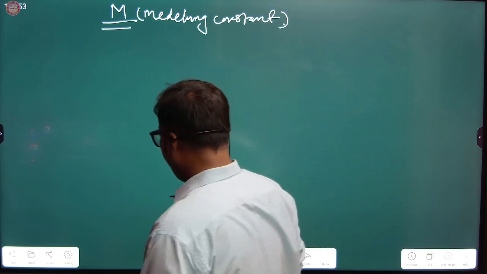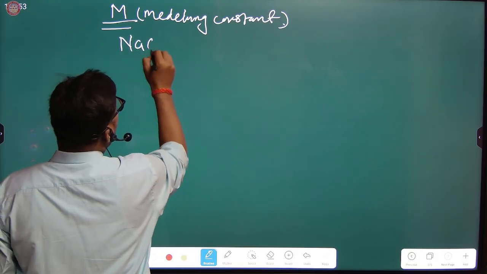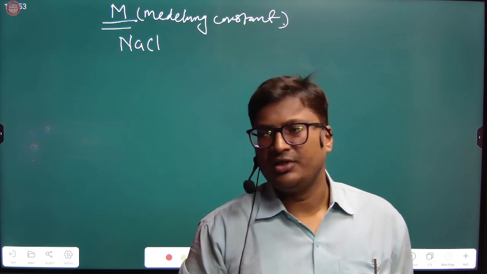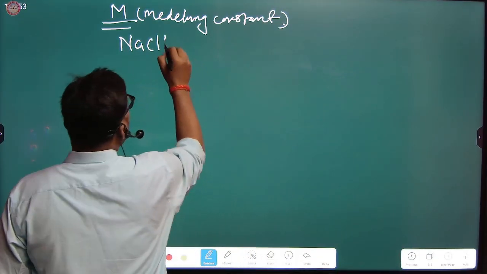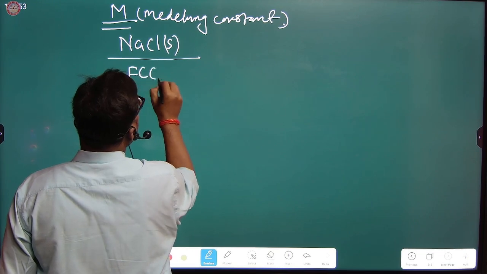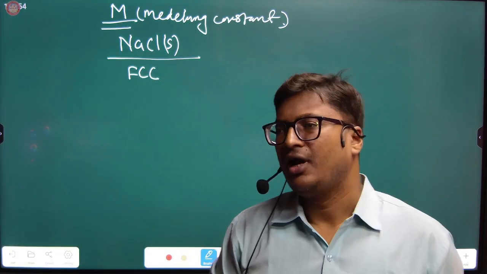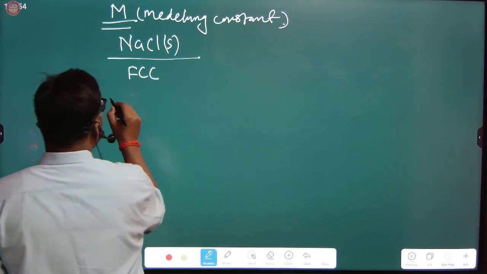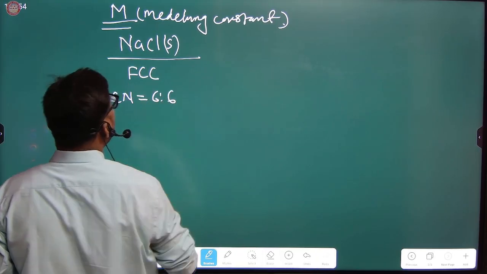Suppose here we have an example like NaCl, right? So NaCl is an ionic lattice in the solid state actually. So it has an FCC structure, face centered cubic structure, right? And the coordination number of this rock salt, that is Cn coordination number, is 6:6, right?